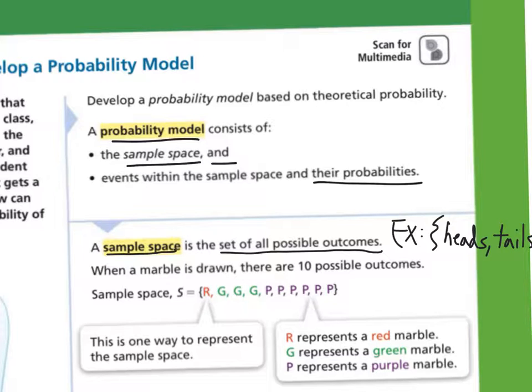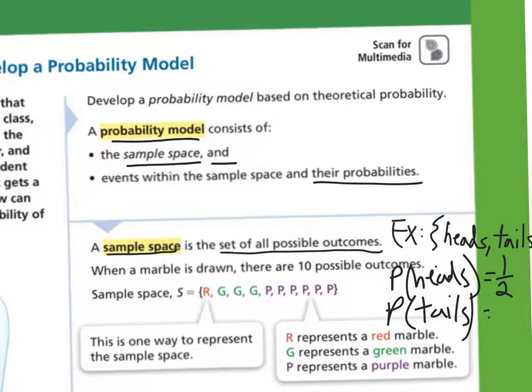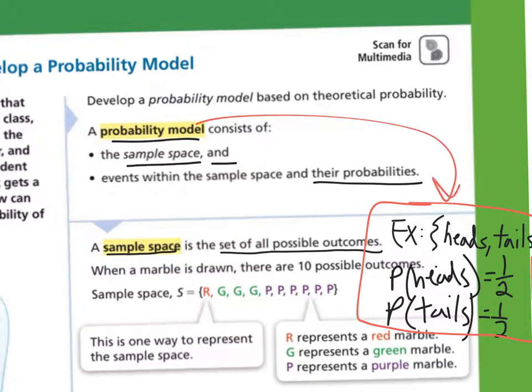So we would say probability of heads is 1/2 or 50%. Probability of tails is 1/2 or 50%. Those two components together make up the probability model if they ask us to do that.